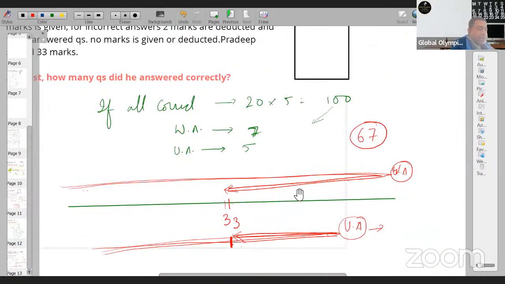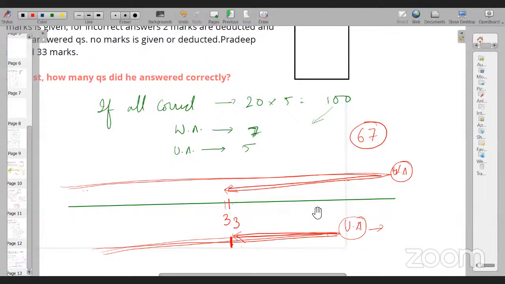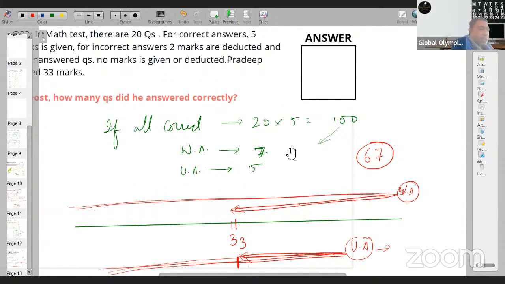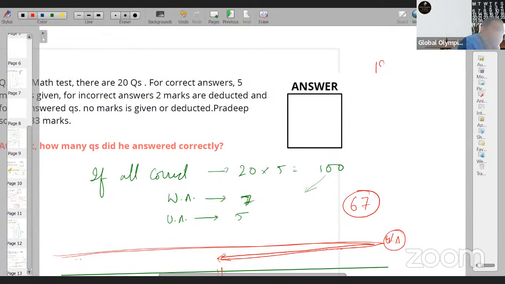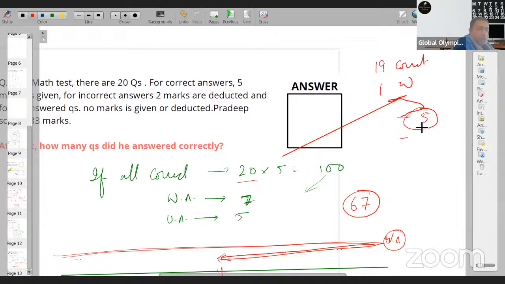Okay. So anyways, let's understand this. From 100, you will come down by either 7s or 5s. For example, if somebody gets 19 correct and 1 wrong, because he did not get 20 correct, you first subtract 5 from 100, and then because he got one wrong, you subtract another 2.